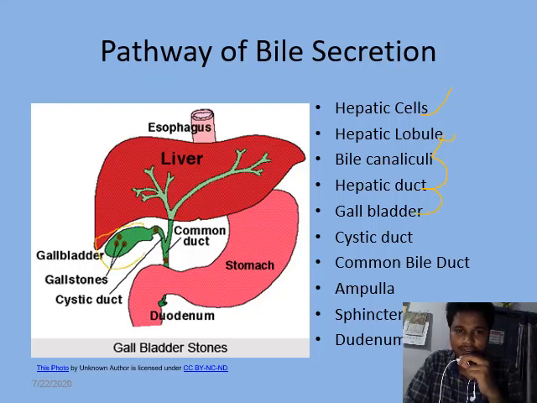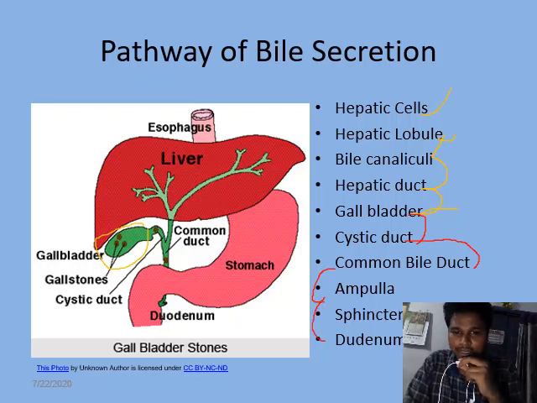This is the gallbladder, and this is the storage unit of the bile, and from the gallbladder there is a cystic duct through which the bile flows, and the cystic duct joins the pancreatic duct and becomes the common bile duct, and from there to the ampulla of Vater, and then to the duodenum.